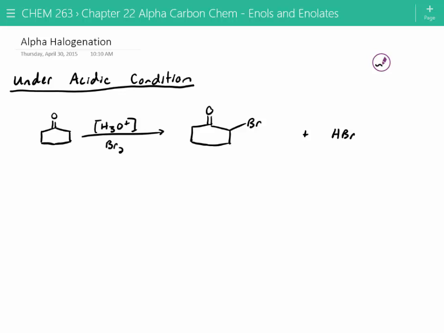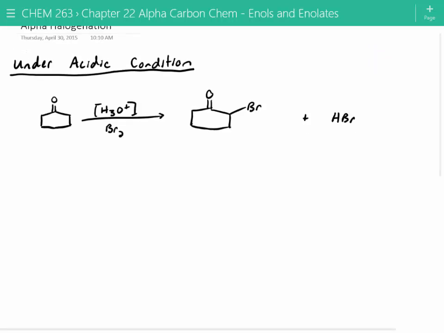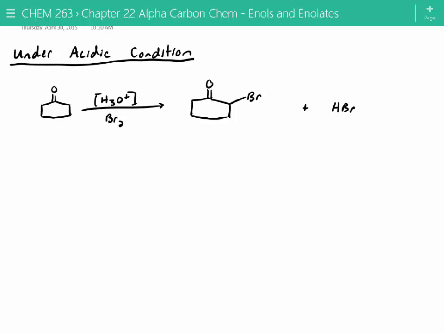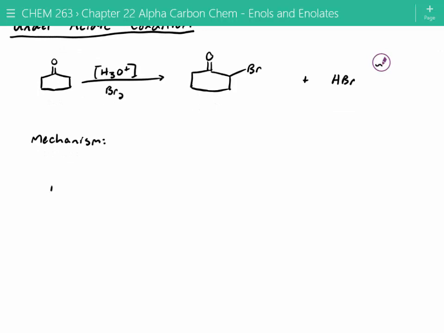This isn't the world's best reaction. Typically, it's 65% yield, and we'll talk about a little bit of why this is a problematic reaction in a second here. But let's first do the mechanism. So if we have our ketone and our acid, what's going to be the first reaction here?